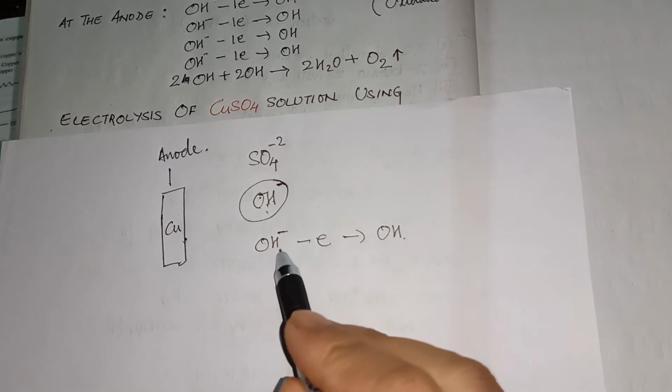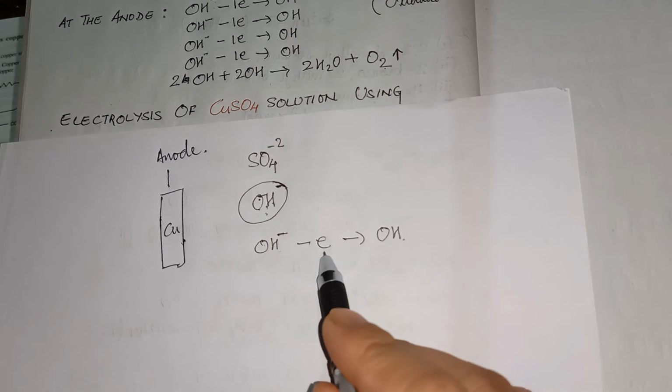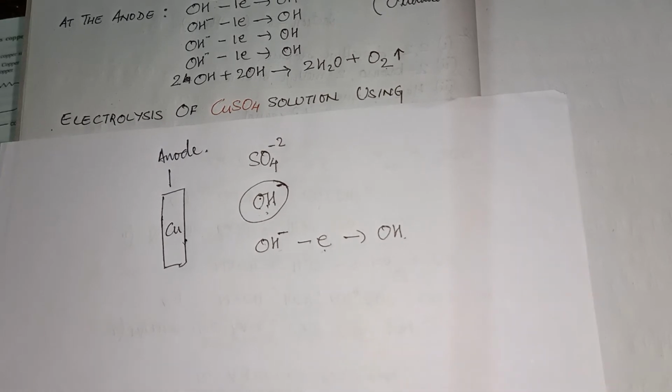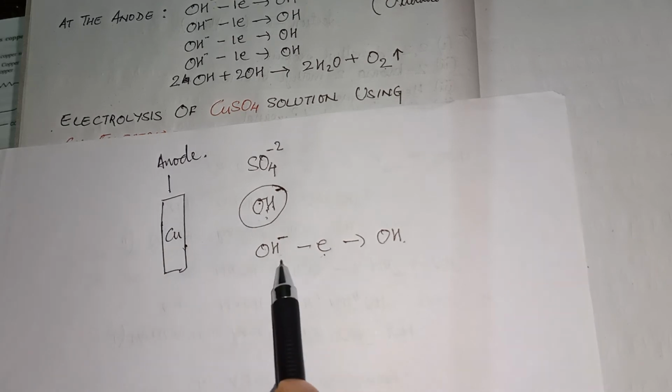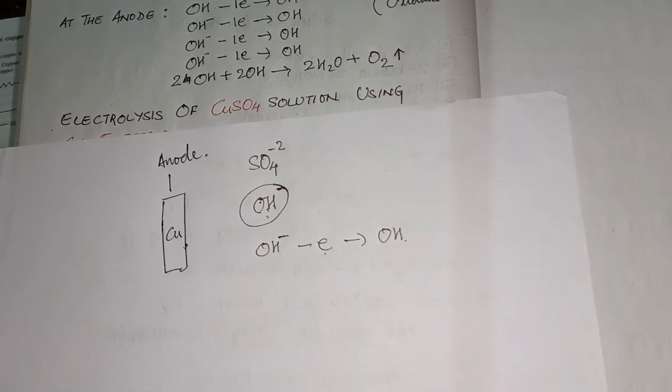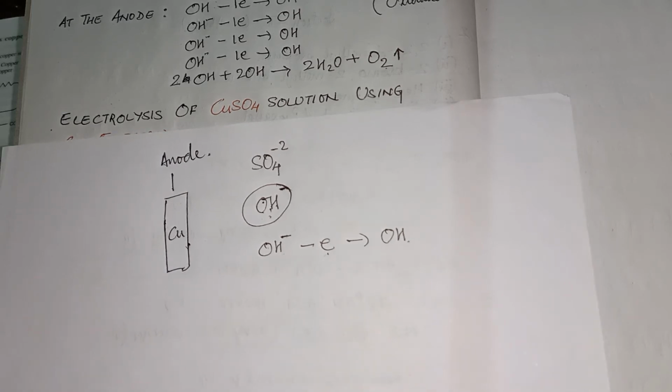Now the hydroxide ion loses an electron, and this lost electron has to be accepted by the anode. Otherwise the hydroxide ion cannot lose that electron. There has to be someone who can receive that lost electron, and in the electrolytic reaction the anode receives the lost or donated electron from anions.